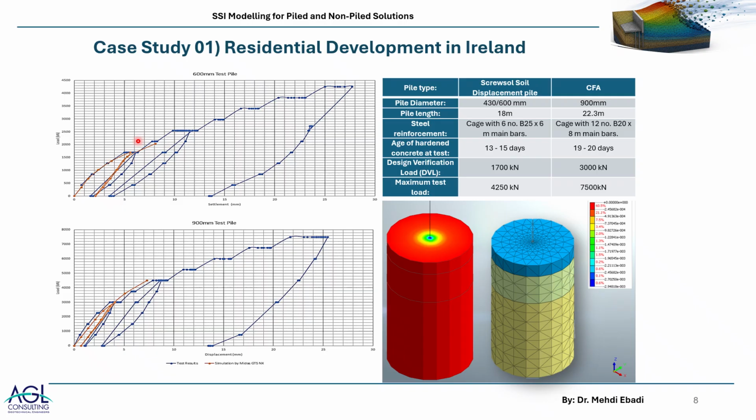But the importance of using bulk elements is that in reality, a pile is a bulk element buried in the soil. It's not a line, it's not anything. I know using embedded beam, we get very good results.